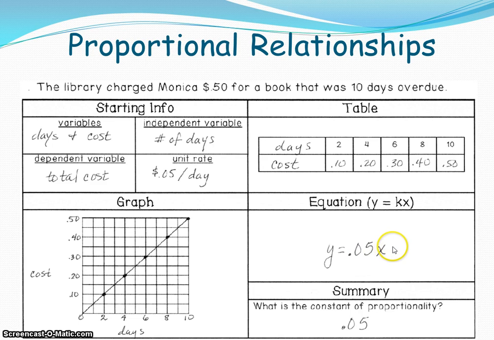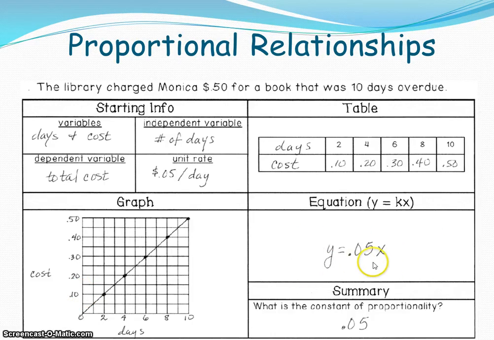If I were to add something to this expression, then this no longer becomes proportional, because in adding something, it's actually going to move this line up. Say we added 10 cents. That means that at 0 days late, Monica would still have to pay 10 cents. So this line would start here at the 10 cents, which would not be proportional.